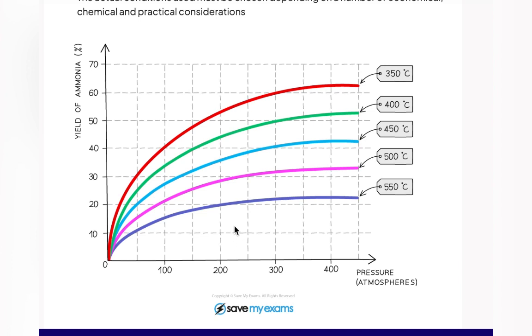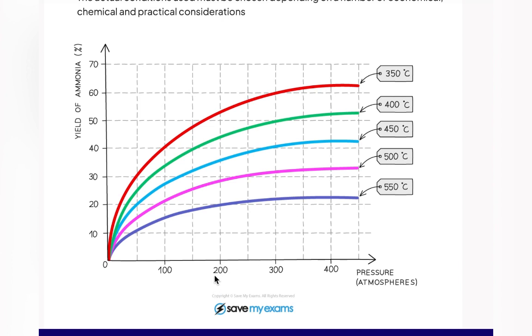If you increase pressure, you can see at 100 atmospheres, the yield is a certain number. At 200, the percentage yield has increased. You can see up to this level. You got to this level for 450, because for ammonia, for the Haber process, we use a temperature of 450 degrees Celsius and a pressure of 200 atmospheres.